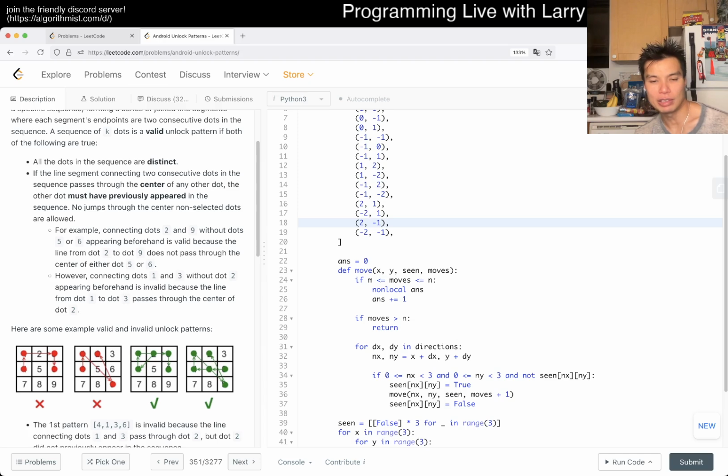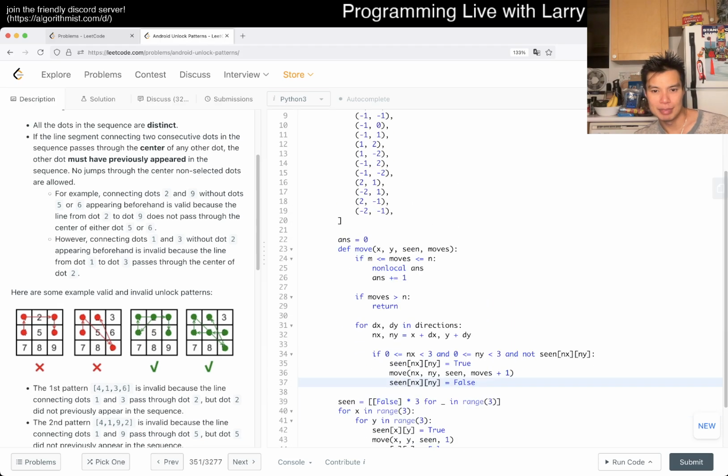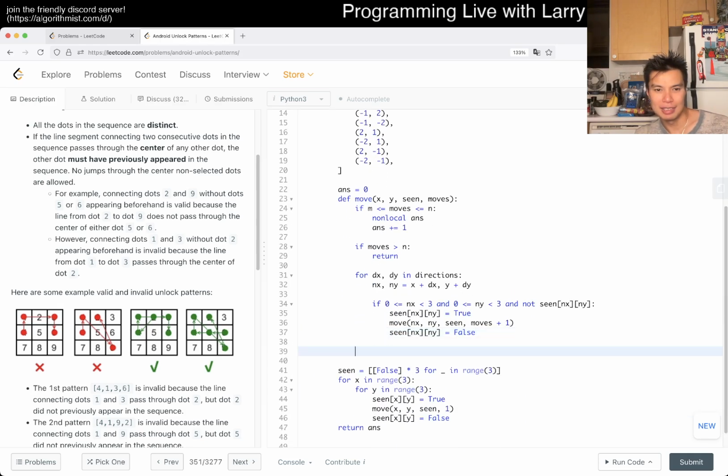There are only two ways to go through the center of a move anyway, which is if you go 2 by 2. So okay, so we could count that, I guess, right? I guess we could do it manually, right? Oh, you can also, and yeah, okay, fine.